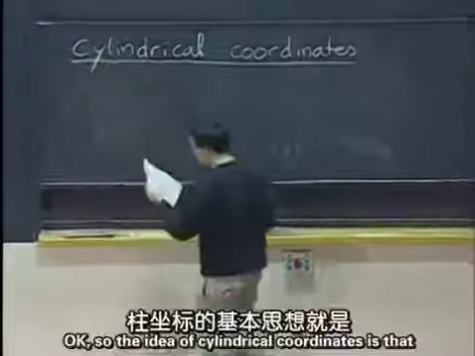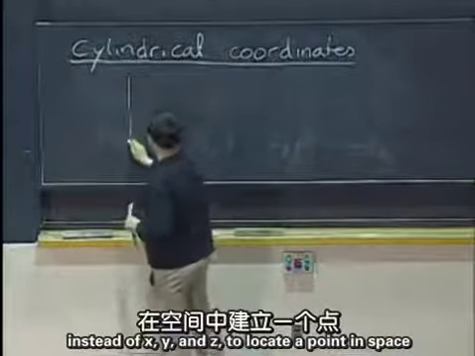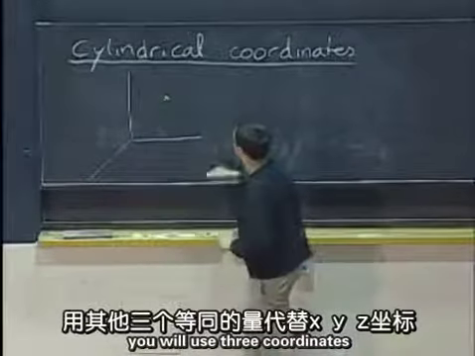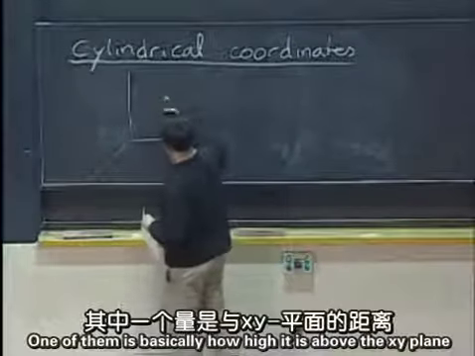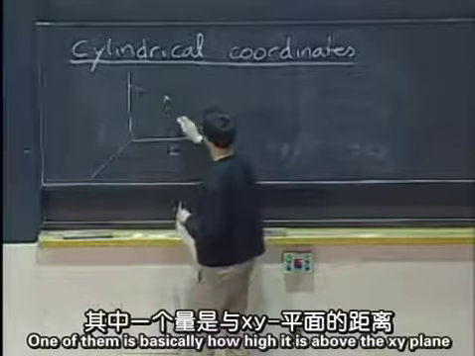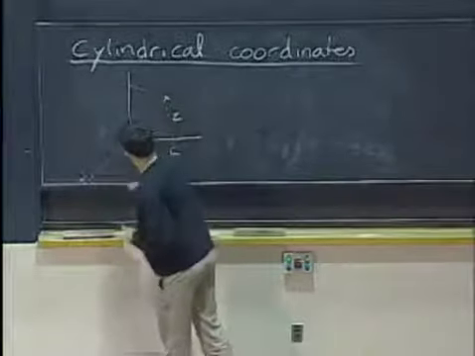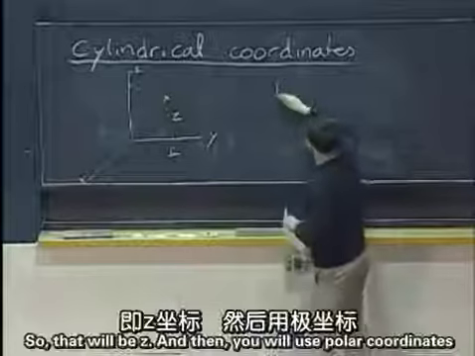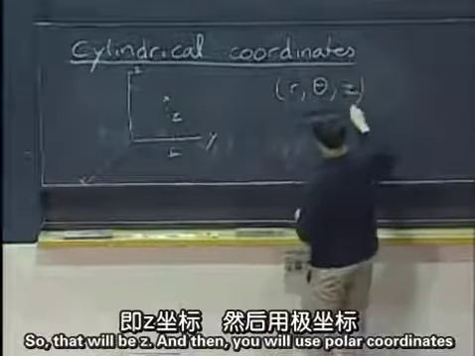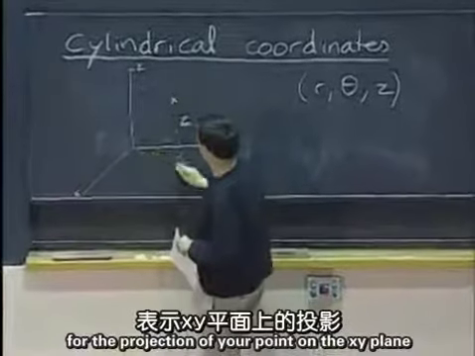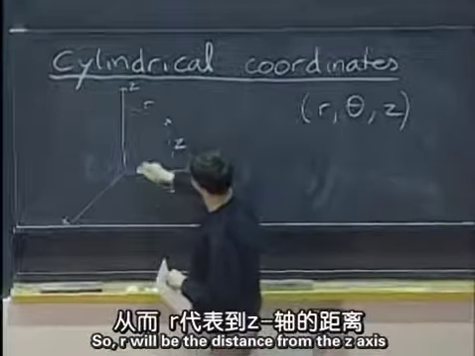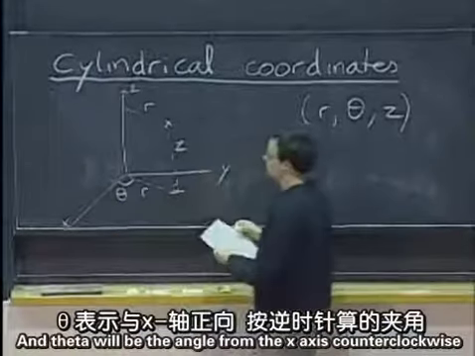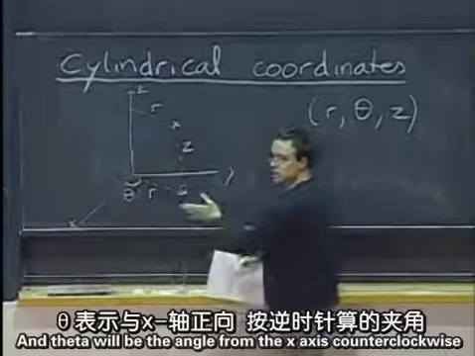So the idea of cylindrical coordinates is that instead of x, y, and z, to locate a point in space, you will use 3 coordinates. One of them is basically how high it is above the xy plane. So that will be z. And then you will use polar coordinates for the projection of your point in the xy plane. So r will be the distance from the z-axis, and theta will be the angle from the x-axis counterclockwise.